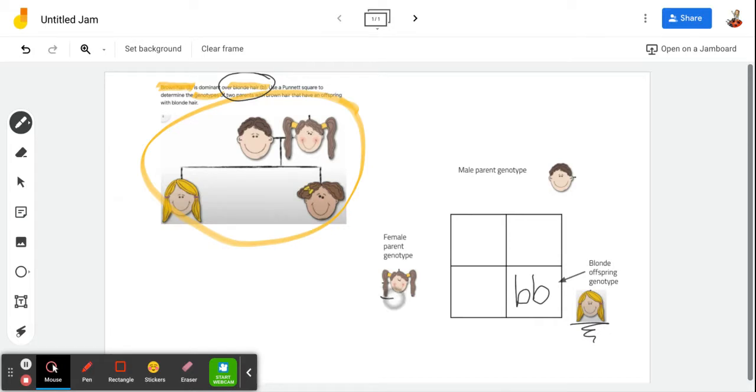We also know that each parent has the dominant trait, which is brown hair. So we know for sure that each parent has at least one dominant allele. What we're trying to figure out is what the parent's second allele would be.